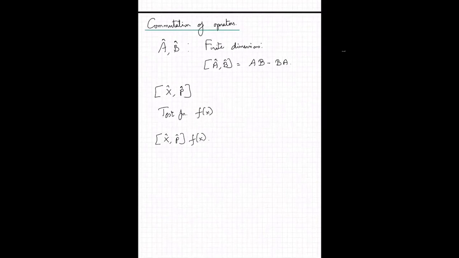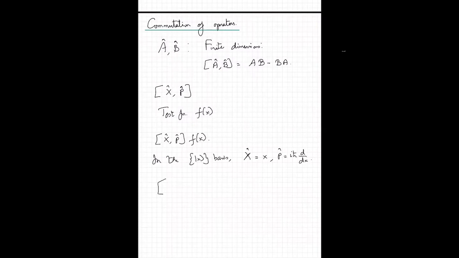And then I will do this in the x space, coordinate space, the x representation, in the x basis. The operator x simply multiplies the corresponding function by x, and the operator p simply takes the derivative of the function upon which it is acting.